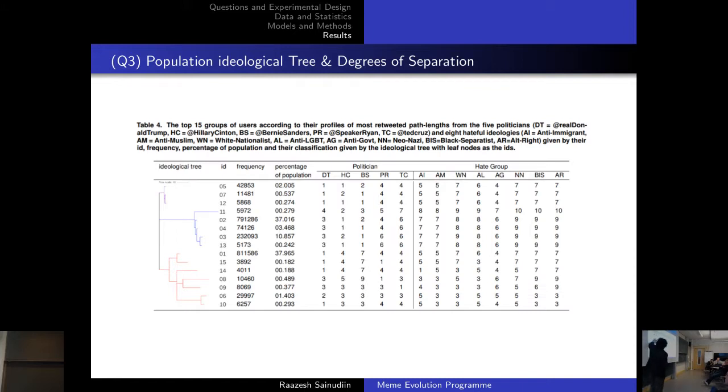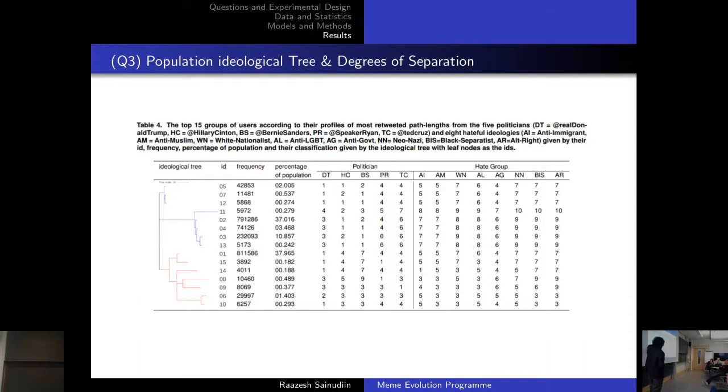We can see that these are all more Hillary, Democratic-leaning clade, as I call them, because these are mostly ones. They're farther away from all these hate groups in general. That's the Democratic clade, and they make up a good 40-some% of the population, or actually 50-some%.